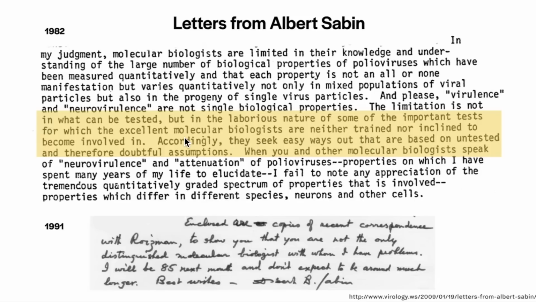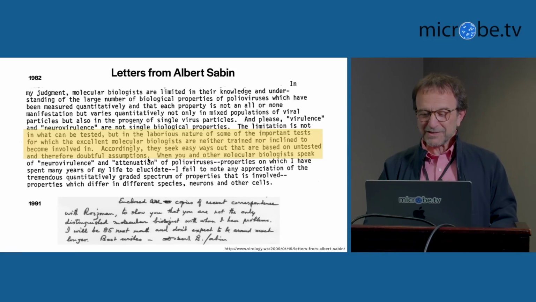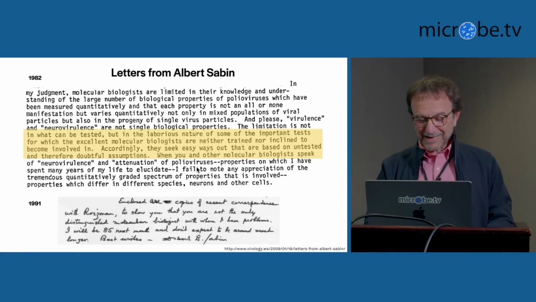The limitation is not in what can be tested, but in the laborious nature of some of the important tests for which the excellent molecular biologists are neither trained nor inclined to become involved in. Accordingly, they seek easy ways out that are based on untested and therefore doubtful assumptions. All right, so you get the picture. He didn't really like me to make viruses that can't revert.